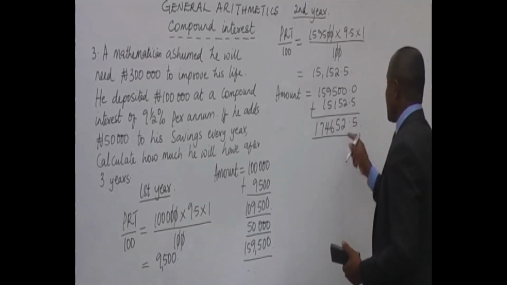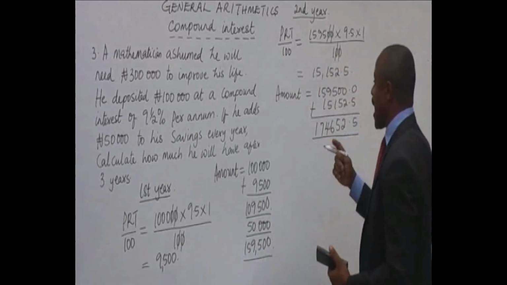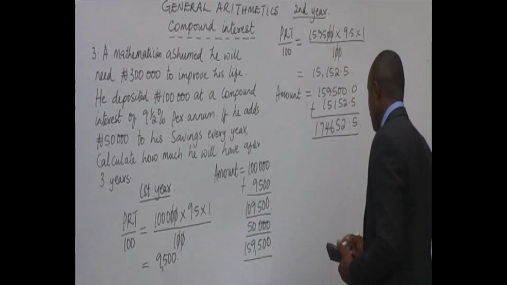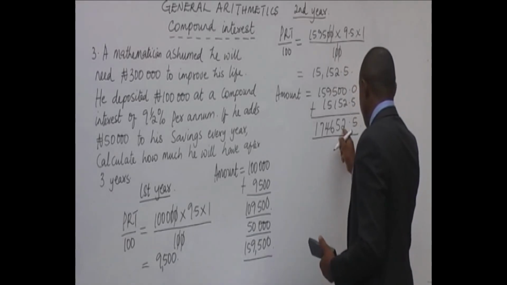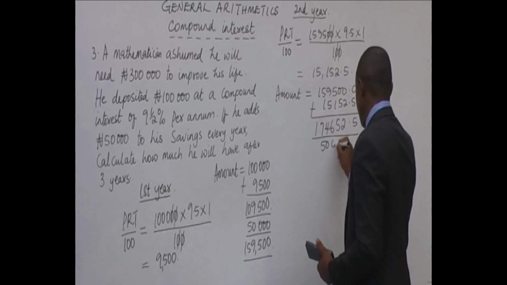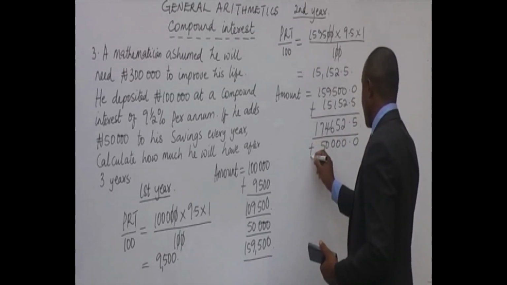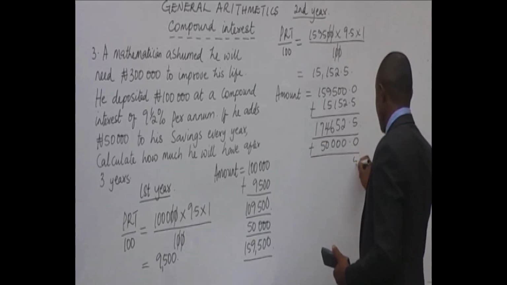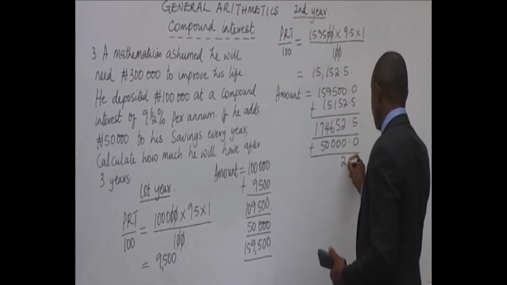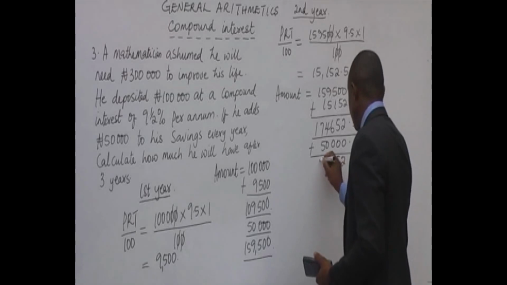So it is this amount after the second year that you add the 50,000 that he adds to his savings every year. So add 50,000 to this. We are adding.